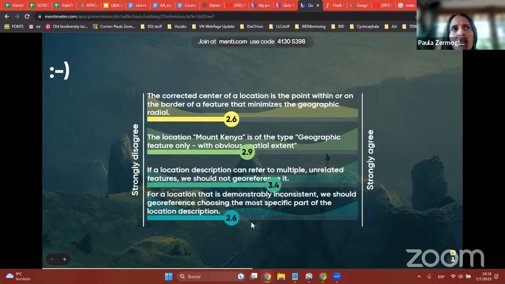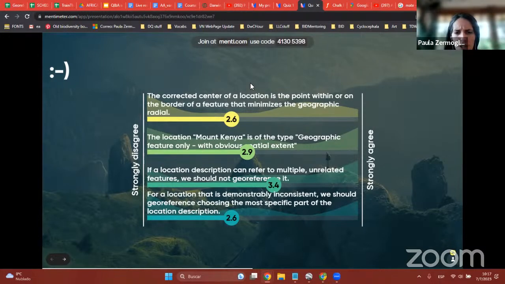However, as I was saying at the beginning of this session, there are some decisions that we have to make when we are georeferencing. And there are some criteria that we can follow. I'm going to give you an example. If we have a location that has only a locality description and we don't have any other fields, we don't have the province, the country, the water body, we don't have any other information.